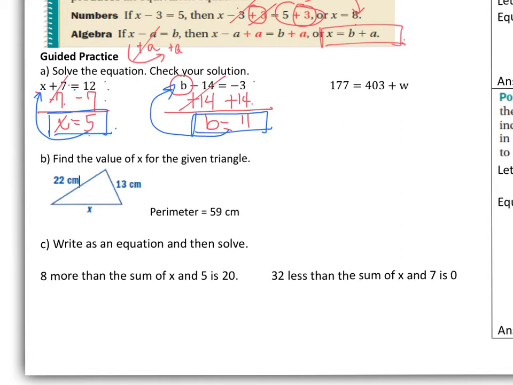177 equals 403 plus w. Okay, again, I need to isolate the variable w. So subtract 403 from both sides. I'm used to writing the variable on the left-hand side, so I'm going to write w first. And 177 subtract 403 gives me negative 226.